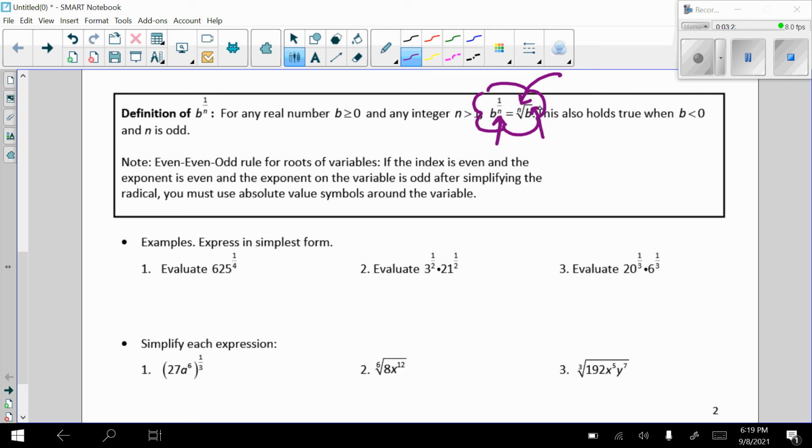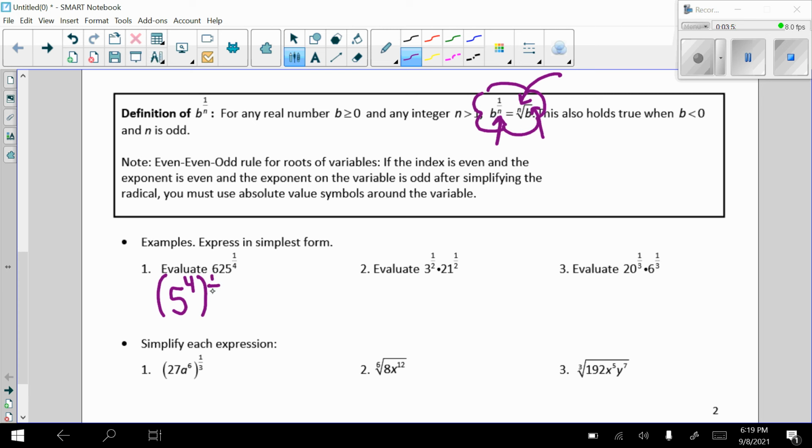So I'm going to work through a couple of problems with you, and hopefully you'll remember these. Hopefully it'll spark some things in your mind. So when we look at the first one, it says evaluate 625 to the 1/4. First of all, 625 should jump out as, oh, that's a number I remember. That is 5 to the 4th power. So I've just renamed 625 as 5 to the 4th.